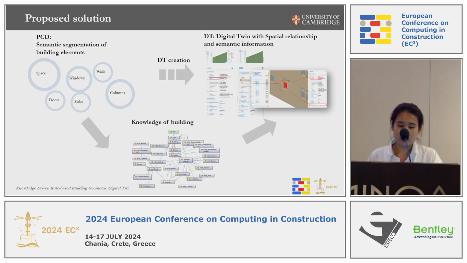Each element of the building has its own story and its own characteristics. Each building is different, but I think there are unified characteristics for the different elements, for example the column, the door, the space. So I want to find the knowledge of the building and explore how it can be processed from the point cloud data to the digital twin.